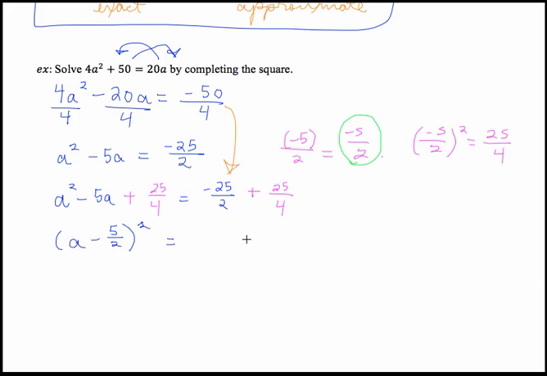So let's go back to 50 over 4, plus this 25 over 4. On the left, I'm just going to copy while I simplify the right side. Negative 50 over 4 plus 25 over 4 is negative 25 over 4. Something squared will never equal a negative number, so we can stop right there and say there are no real solutions.